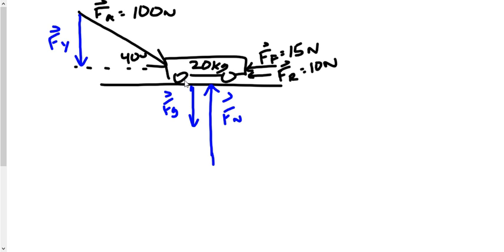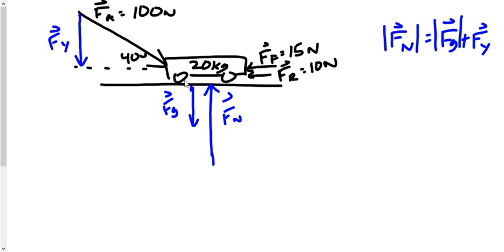Does that make sense? It doesn't affect how you do this question, but in the event that you needed to find the normal force, it would affect it. So in this case, Fn, the upward force, is equal to Fg plus Fy, the two downward forces.